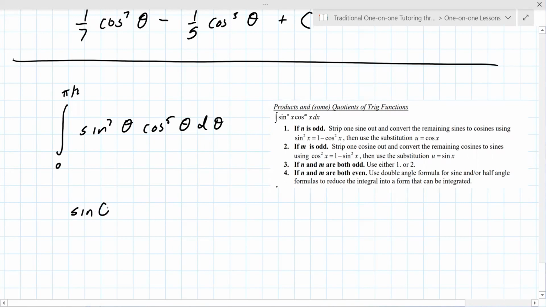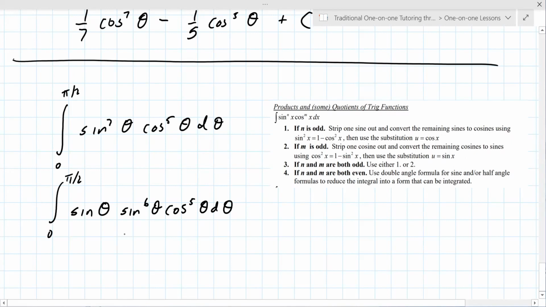All right. So sine theta, sine 6th theta, cosine 5th theta, d theta. Is this your preference, or you just go? No, I didn't even think that. Just the first one. Okay. These are all the same, they're just long. So if I strip a sine out, I got to convert the remaining sines to cosine.